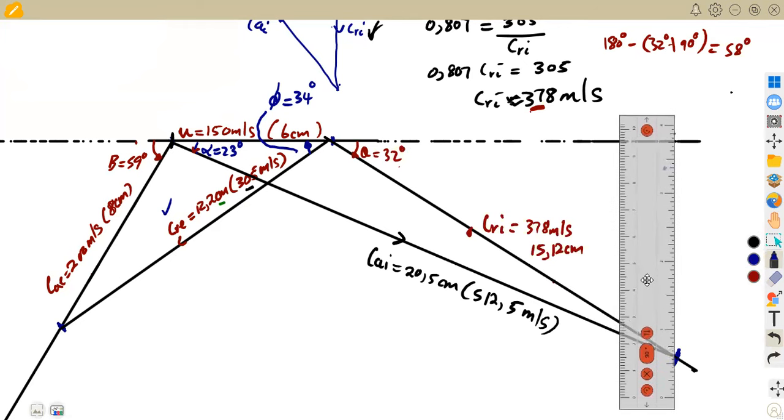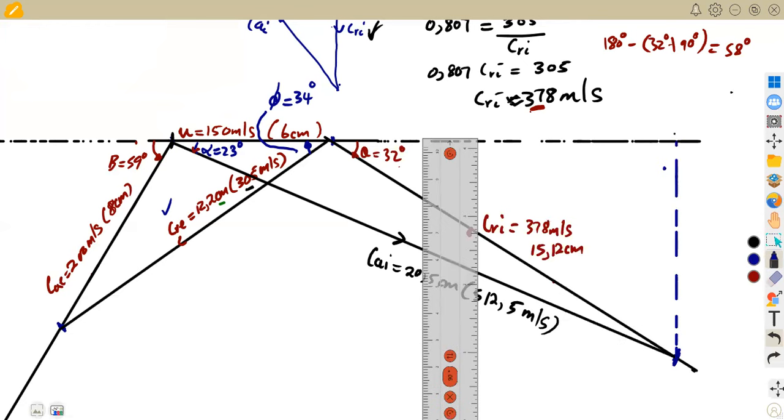Just because of my movements, guys, please pardon me. According to mine, it is going to be somewhere here. But when you join, it's supposed to pass through that point that I indicated in the first place. Here, according to a proper measurement, this is what I'm supposed to have. This point was going to pass along this line that I just drew.